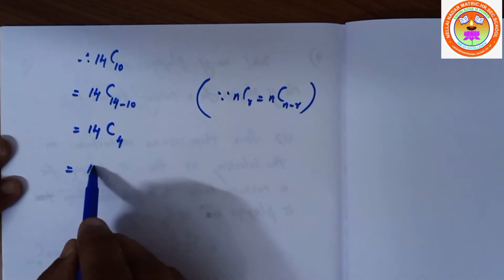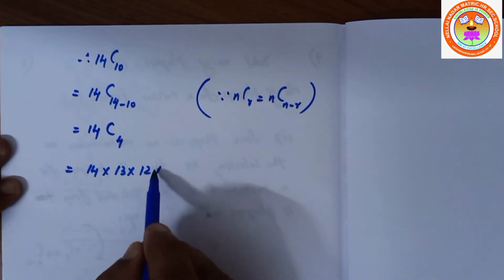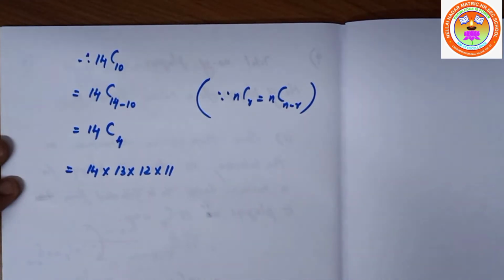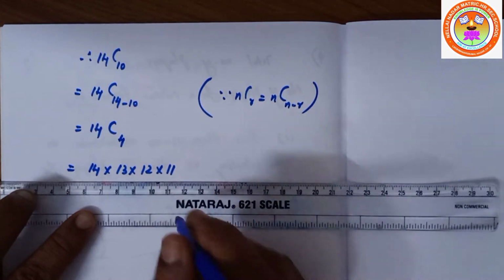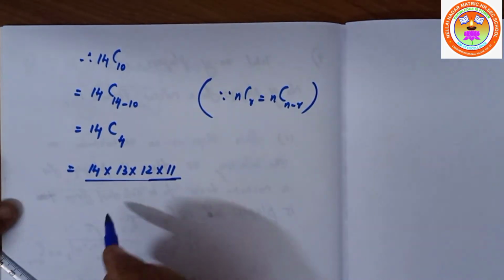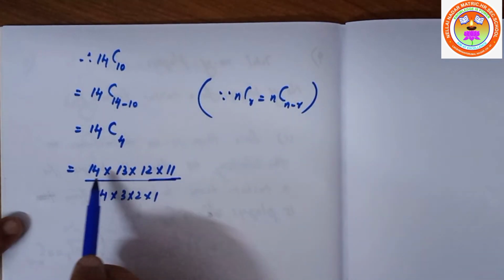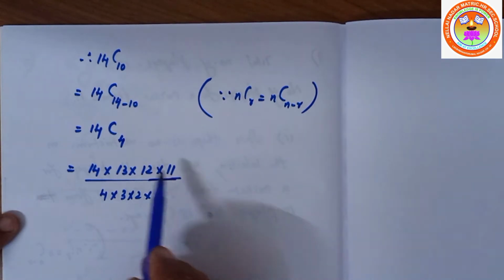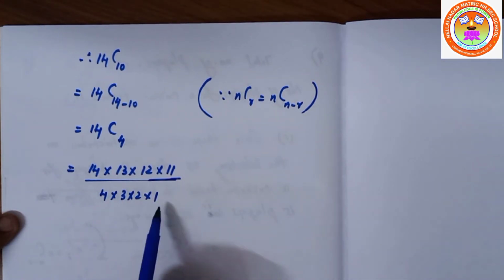14C4 can be written as 14 into 13 into 12 into 11 divided by 4 factorial, 4 into 3 into 2 into 1. We have 4 numbers in the numerator because the value of r is 4. At the same time, 4 factorial in the denominator.